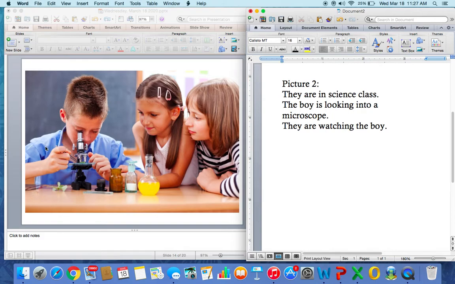And I will actually write that for you. The boy is wearing a blue shirt. So, you can write other sentences, of course, but these are just some quick basic ones to help you practice writing sentences about pictures.